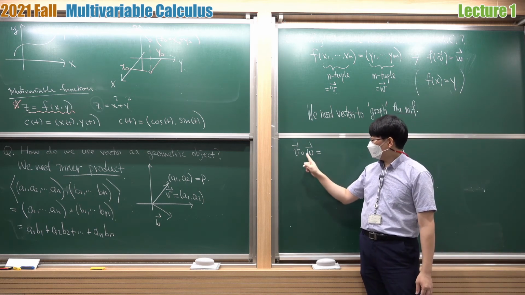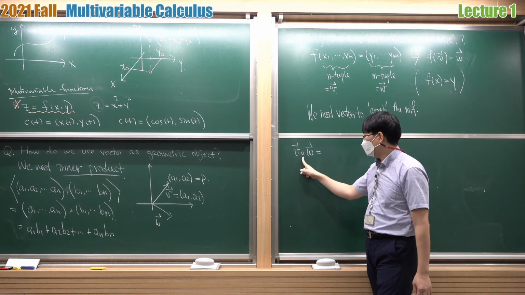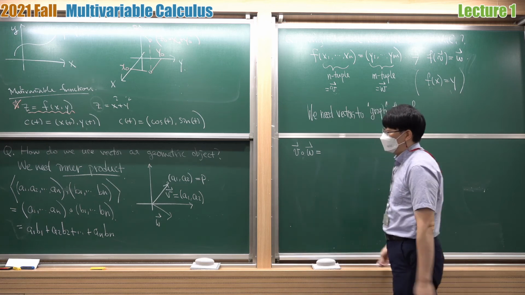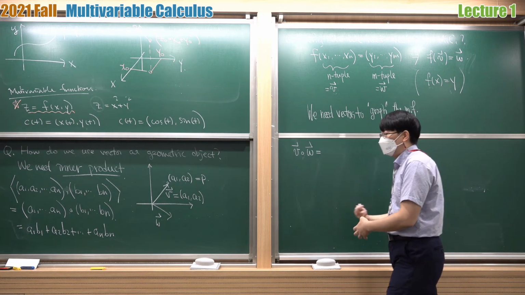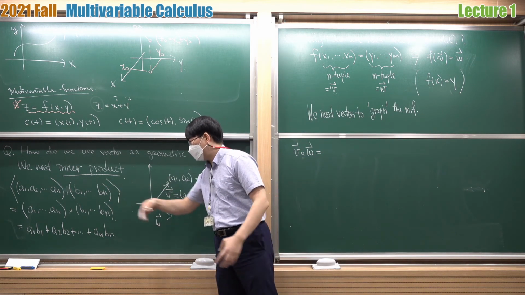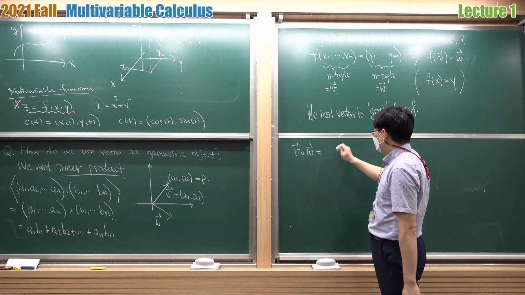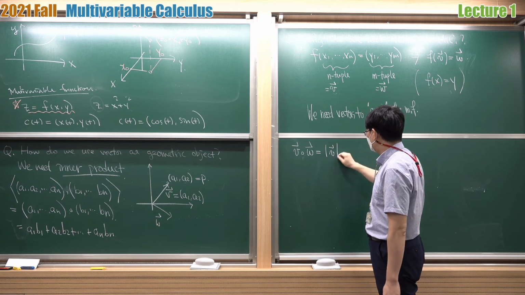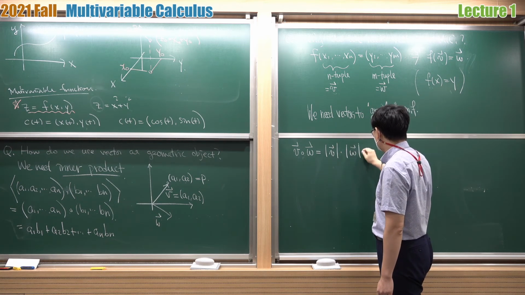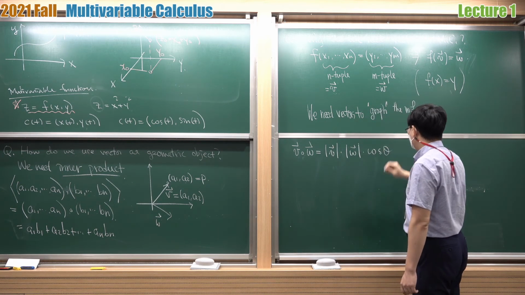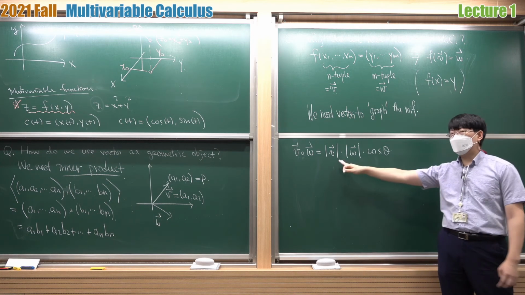I used the empty dot notation of the inner product here. Throughout the semester, sometimes I will use the pointy bracket or sometimes the empty circle. So this is the same as these values. I have to explain what these are.